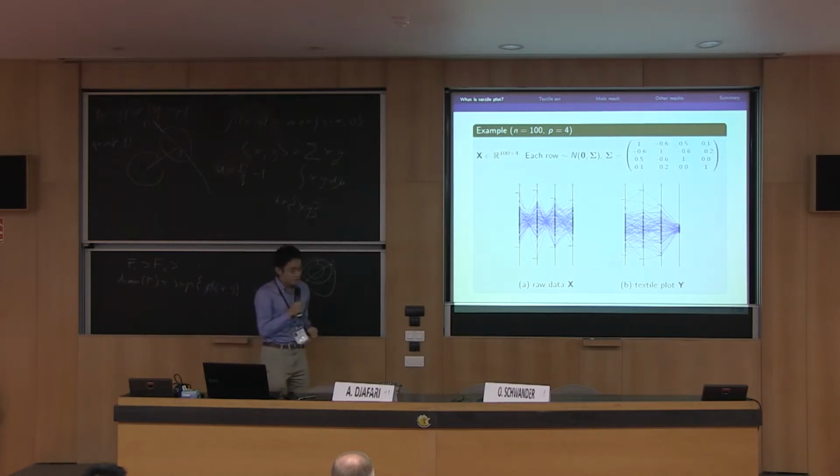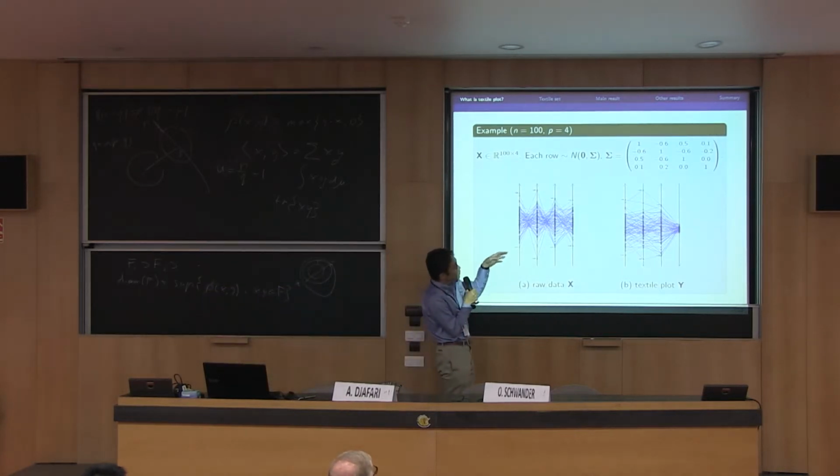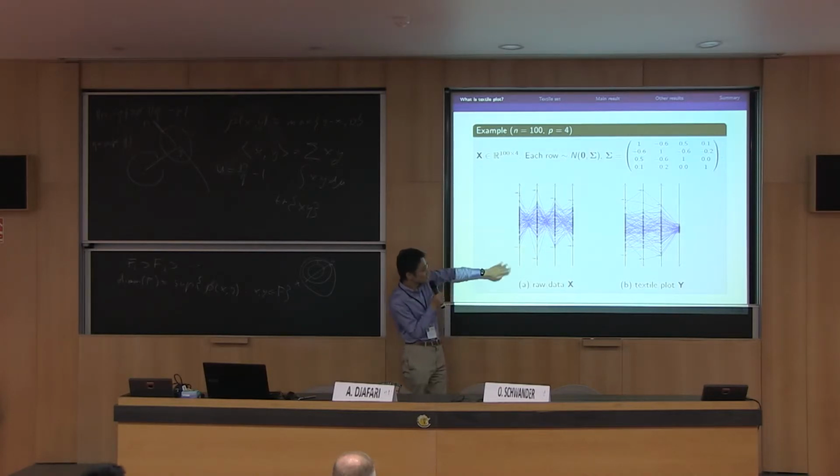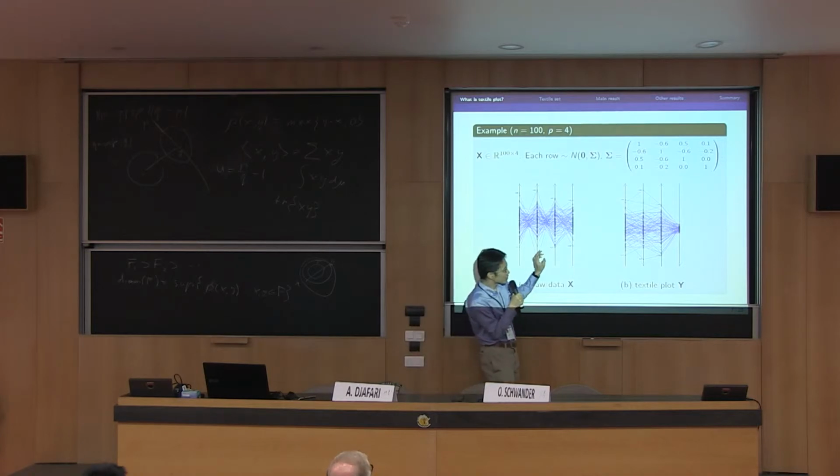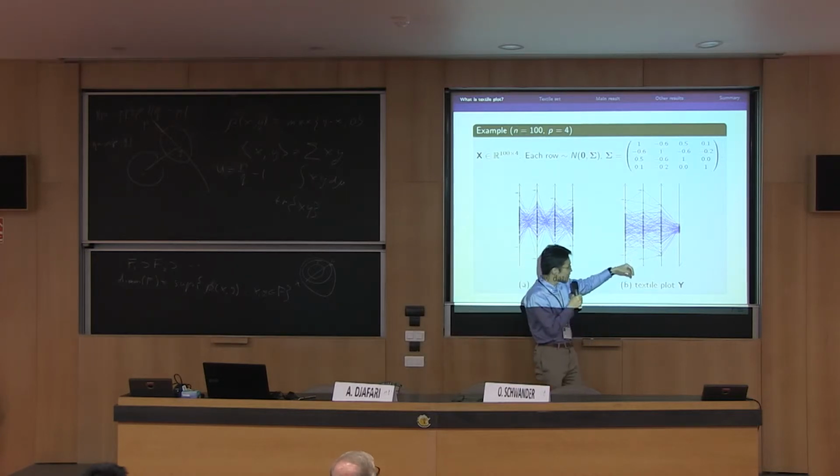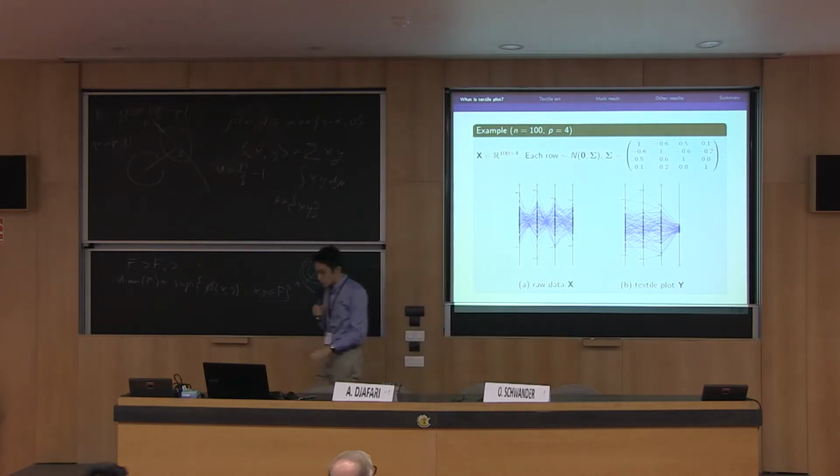And also, if the fourth variate is not so correlated with other variates, in such a case, the data becomes more concentrated.